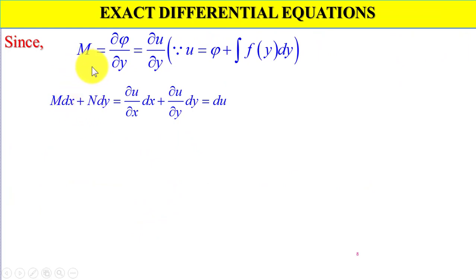Since M is equal to ∂phi/∂x is equal to ∂u/∂x, as u is equal to phi plus the integration of f(y) dy. Therefore, M dx plus N dy is equal to ∂u/∂x dx plus ∂u/∂y dy is equal to du, which is a perfect differential.